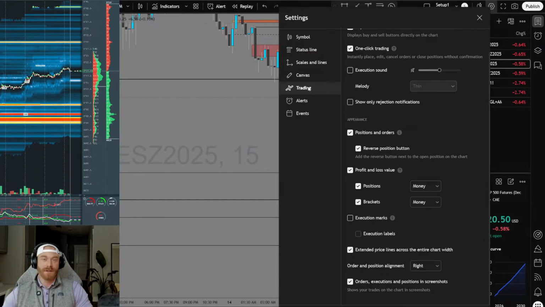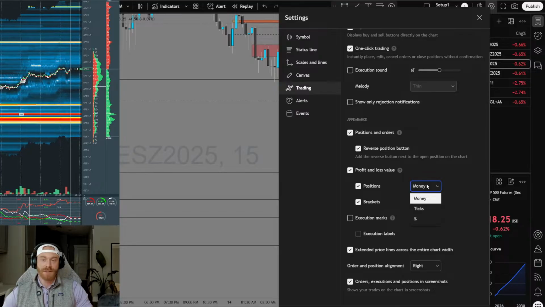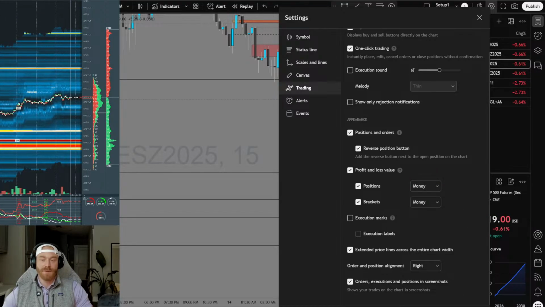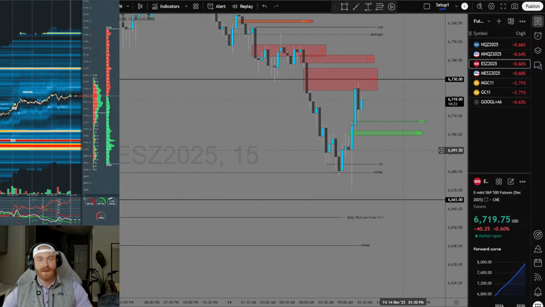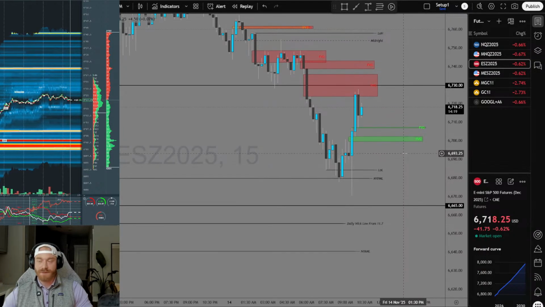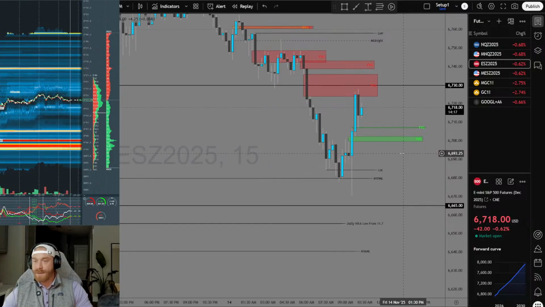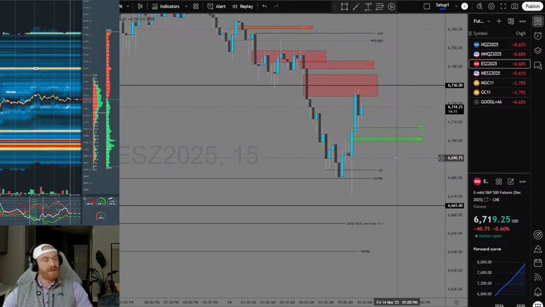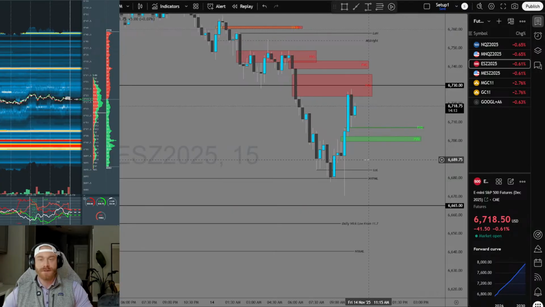Right here. So when you go to settings and you go to trading, you can change this to ticks or percentage. I would do that. That allows you to remove the money idea from your head, because that messes with people's heads. So that's one way you can do it.